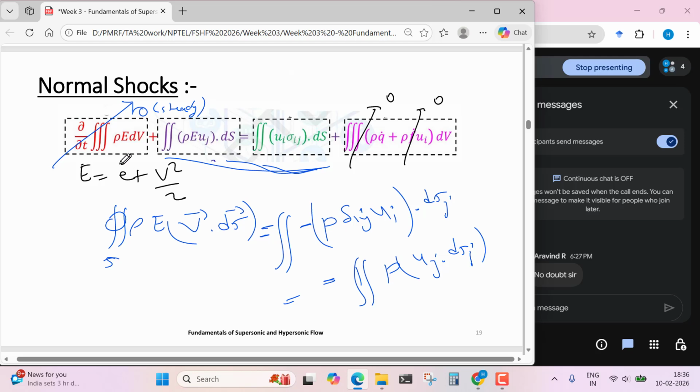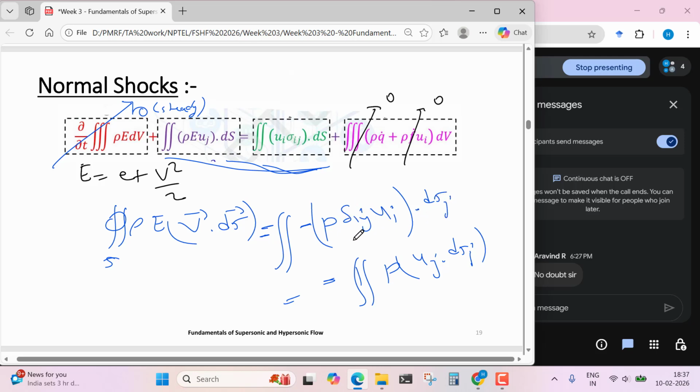In the equation, E was given by e plus V square upon 2. And so we will substitute everything. This sigma ij we will substitute here. So our equation will become double integration rho E V dot dS equal to minus p delta ij ui dot dSj.